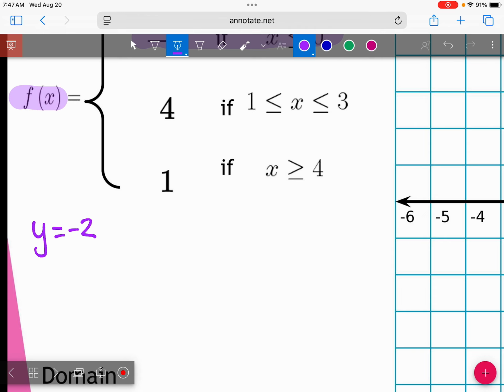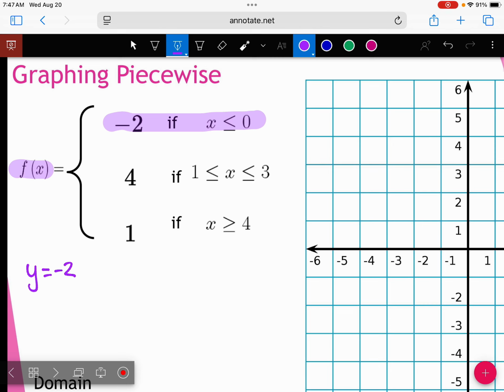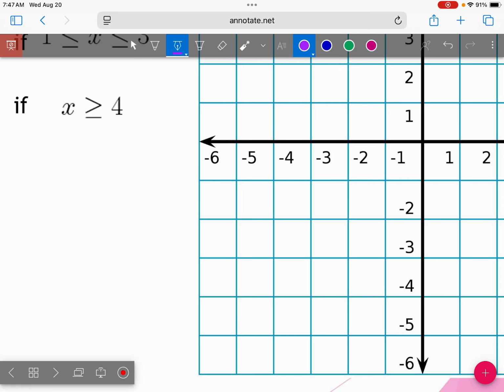But if it only happens when x is less than or equal to 0, it means I'm going to start at 0, and I need to go less than. So this line is going to go that way. My x can be smaller than or equal to 0. So at -2, on our y, we're going to have a dot. And if my x's are smaller than 0, we're going to go this way.